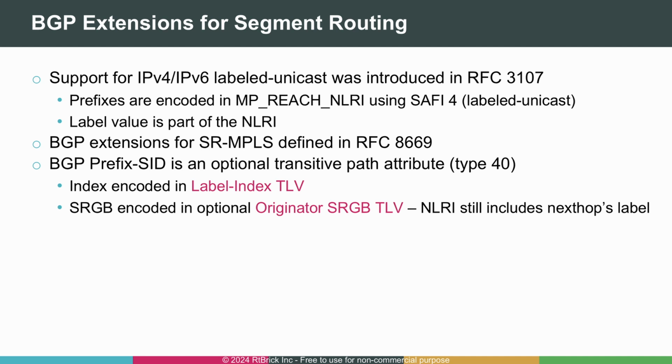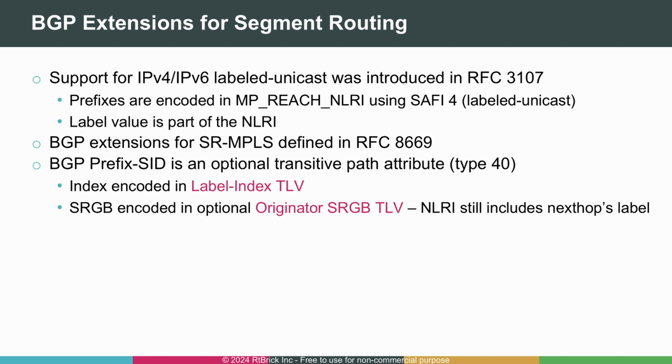For IPv4 and IPv6 labeled unicast, the SAFI is set to 4, and the label stack is included as part of the routing information. Despite this, labels are still allocated independently by each router, which complicates traffic engineering when using a centralized controller. To address this challenge, BGP extensions for segment routing were introduced in RFC 8669.